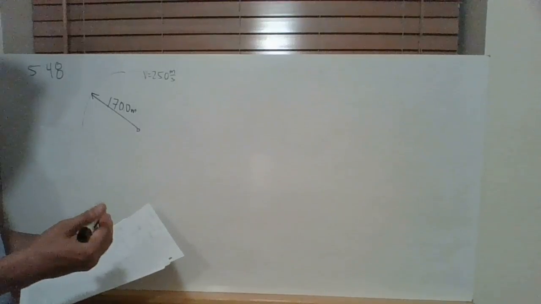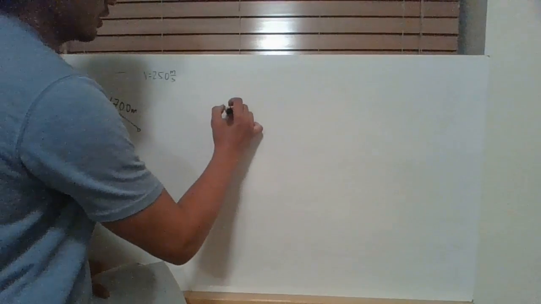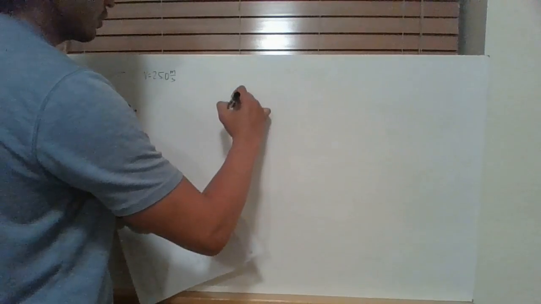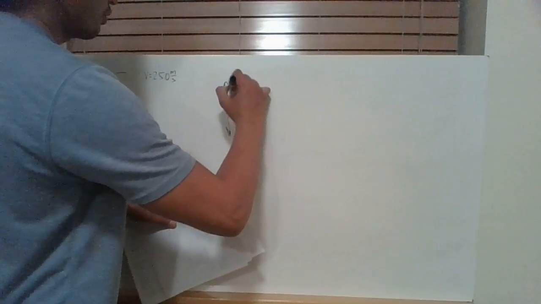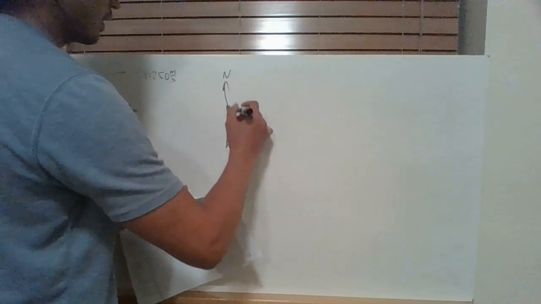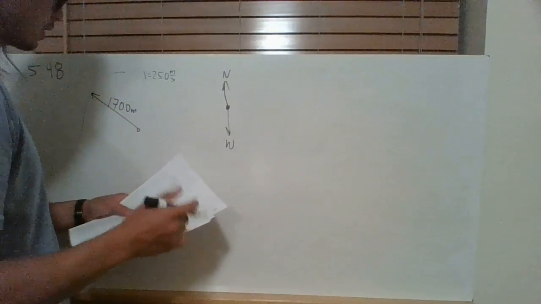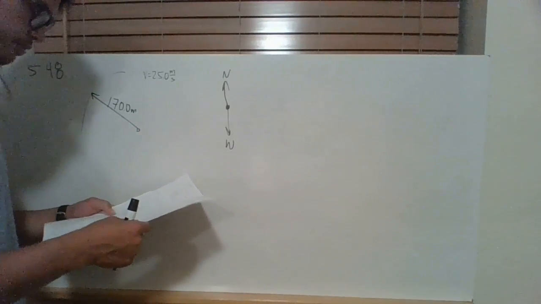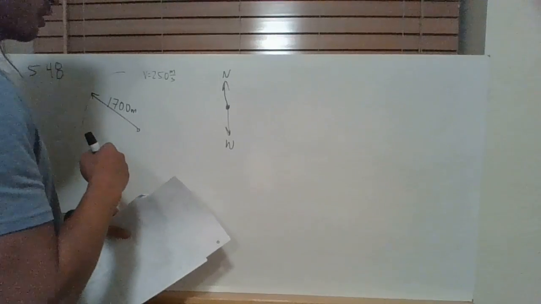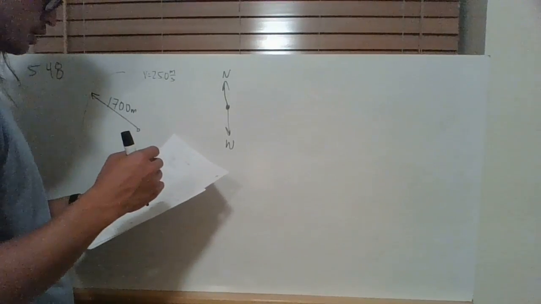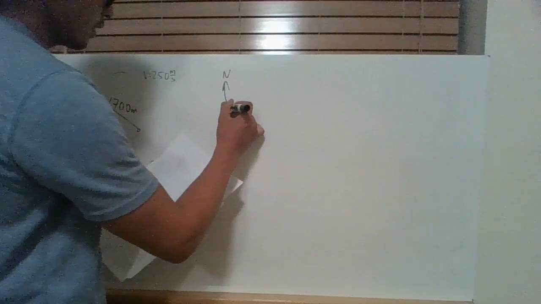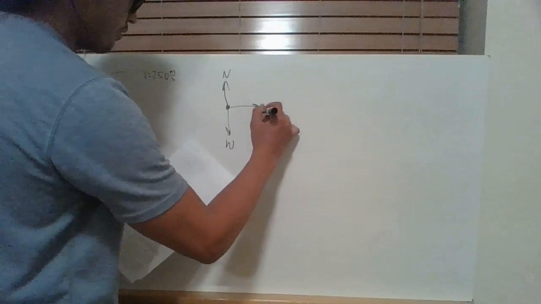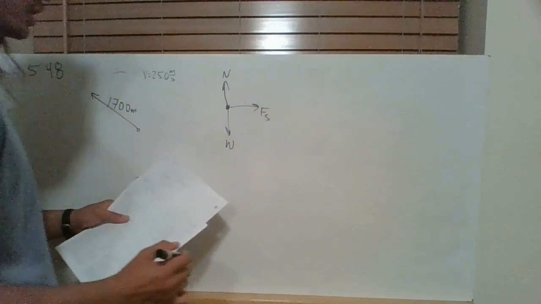So let's draw the free body diagram of your car. You have your weight, your normal force, and then in this example you're going around a curve. So say you're going to turn, you'll have your static friction in this direction.